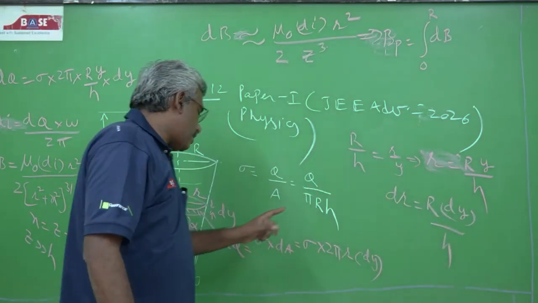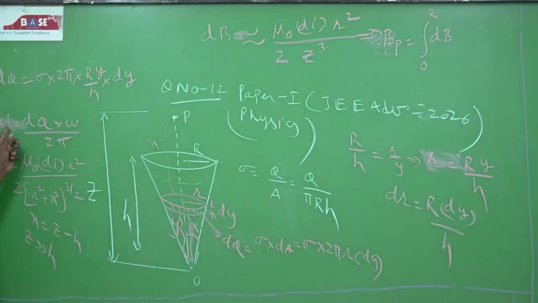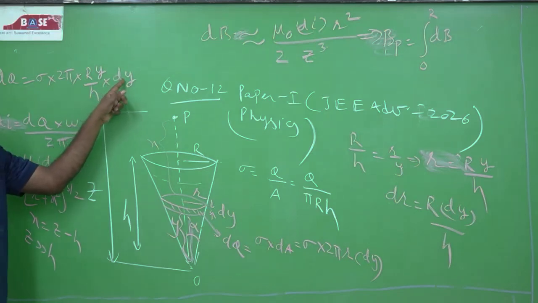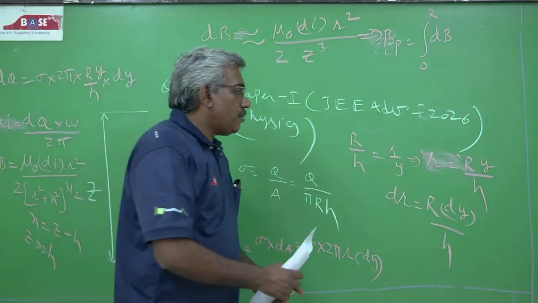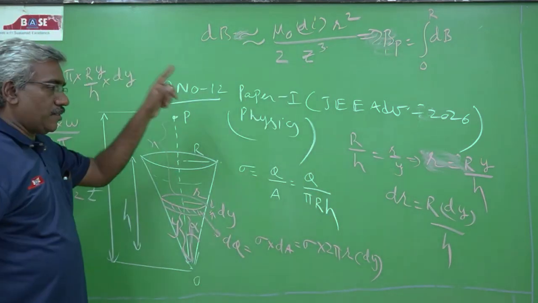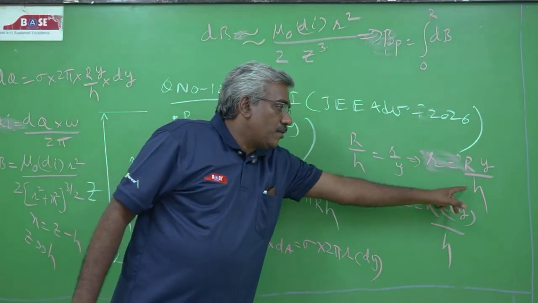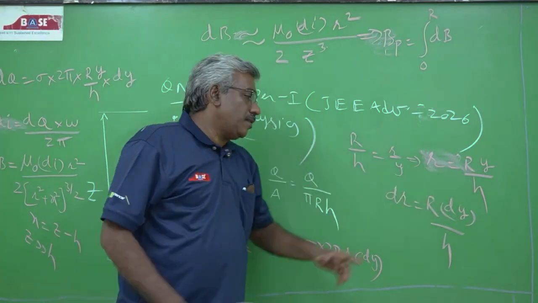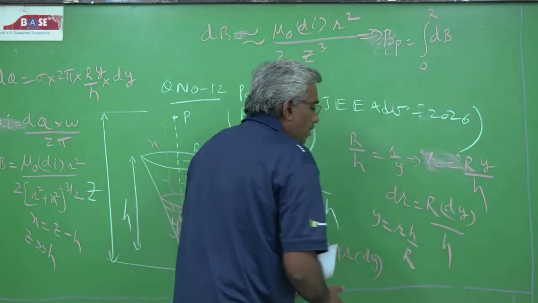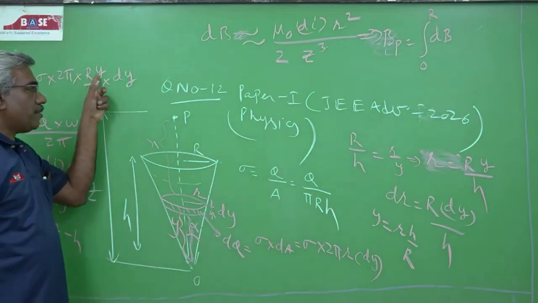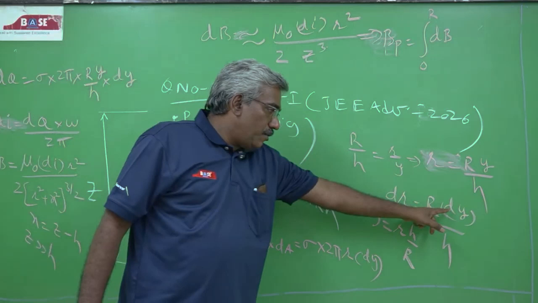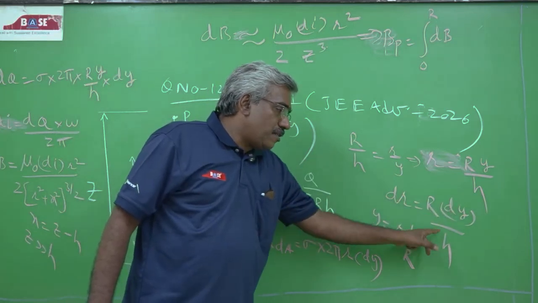Observe carefully, di is nothing but this one. In place of dy, you can substitute dr into h by capital R. In place of y, substitute small r into h by capital R. That is, y is equal to small r into h by capital R, and dy is equal to dr into h by capital R.